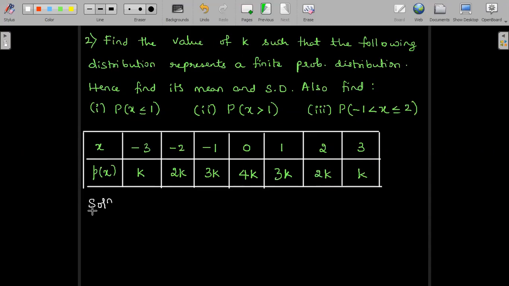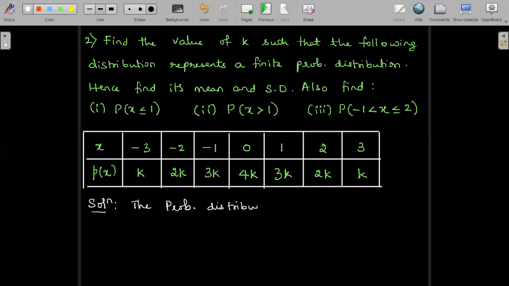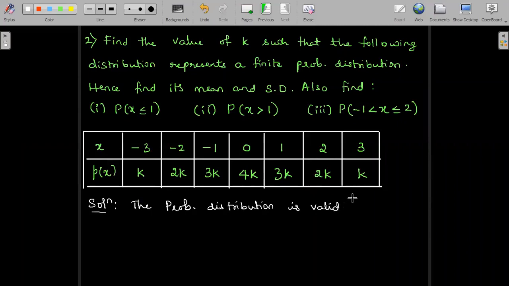Solution. The probability distribution is valid if p of x is greater than 0 and summation p of x, sum of all p of x values, should be equal to 1. So these are the two basic conditions to say it is a probability distribution.